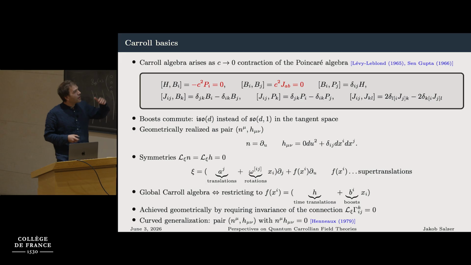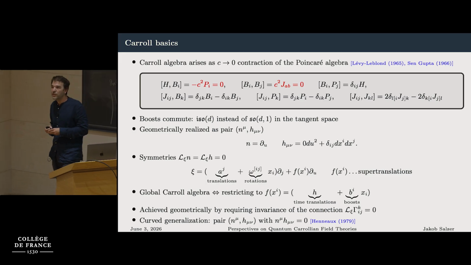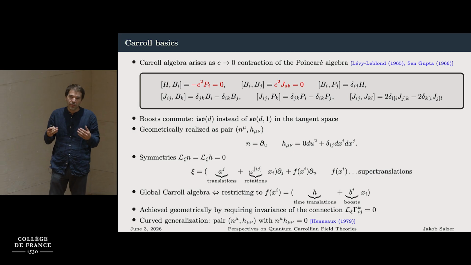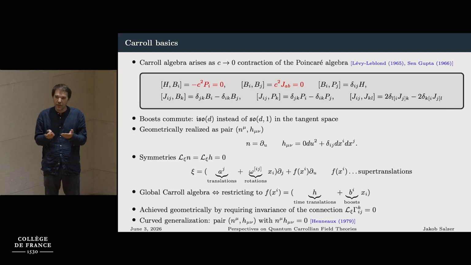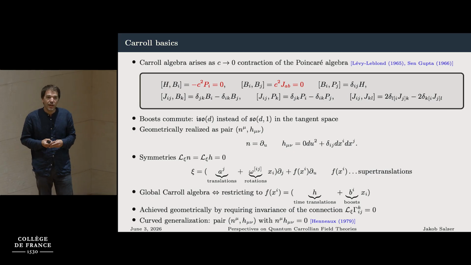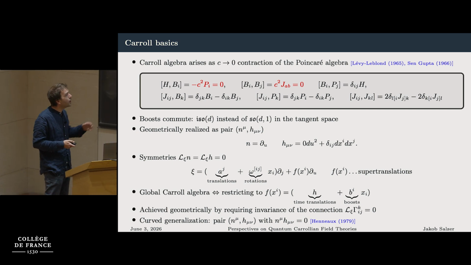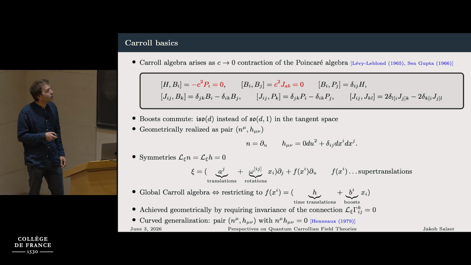Now, this is just on the algebraic level, but you know that we can realize the Poincare algebra geometrically by giving you the Minkowski metric and then looking at the Killing vectors of the Minkowski metric. So how can you realize the Carroll algebra?